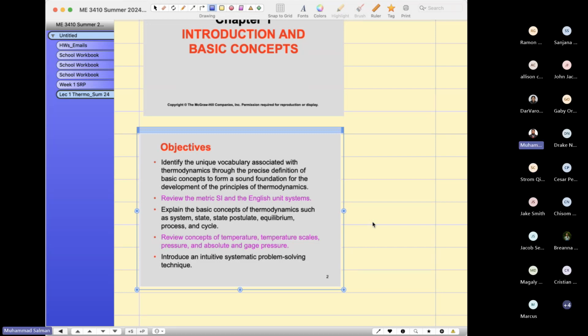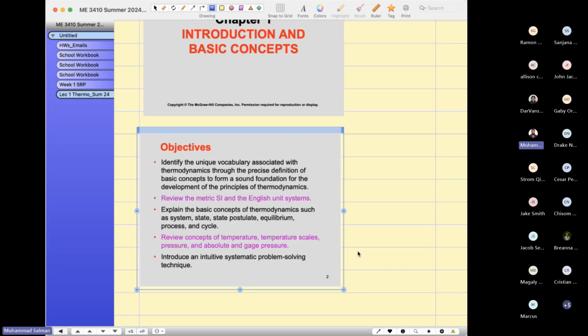You will learn about the basic concepts in this chapter, some of the thermodynamic properties and systems of units, SI system and English system. The SI system has the units of mass as kilogram and length as meter, and time is second. Time has the same unit in both systems.